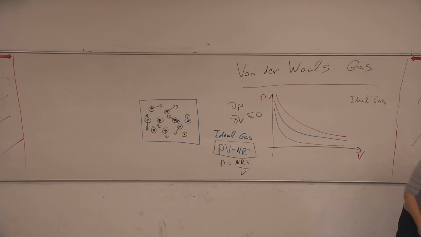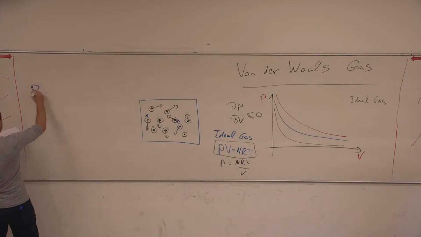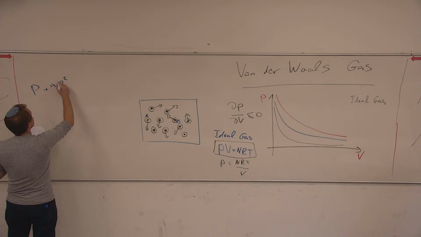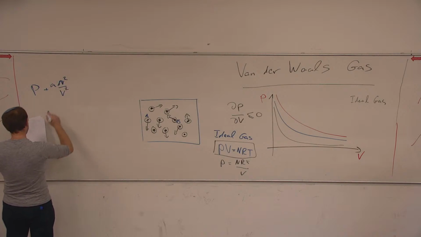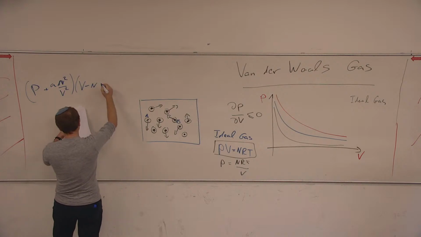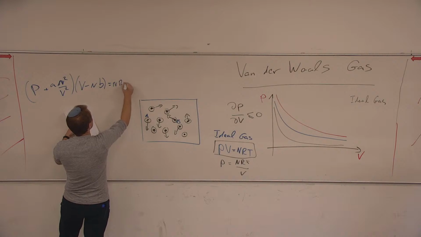And this is why van der Waals wrote his equation as (P + a n²/V²)(V − nb) = nRT.